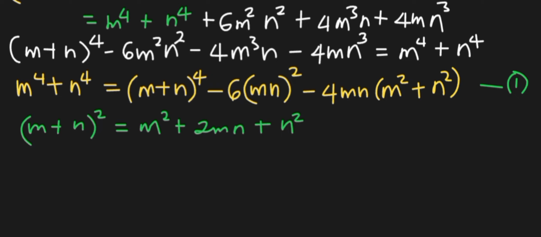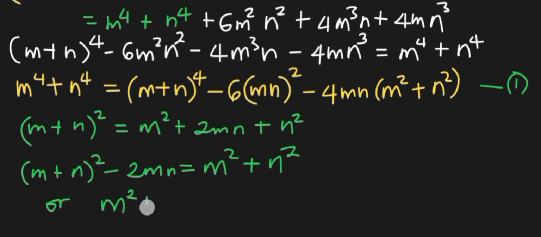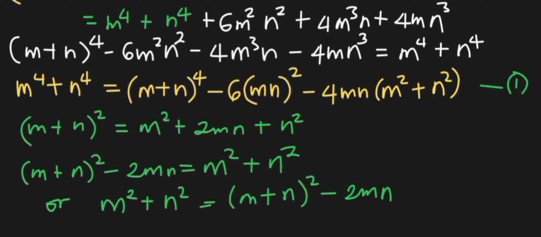So subtracting 2mn from both sides, we've got m plus n squared minus 2mn on the left, and on the right hand side, it is m squared plus n squared. Or this could be written as m squared plus n squared, when we swap the sides, is equal to m plus n squared minus 2mn. Well, we can call this equation 2, then we're going to plug in 2 into 1.